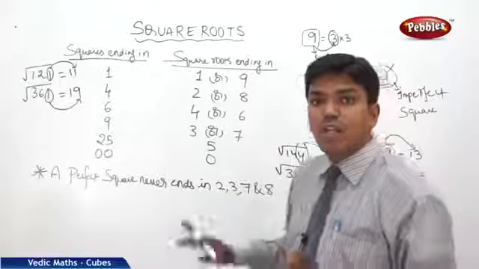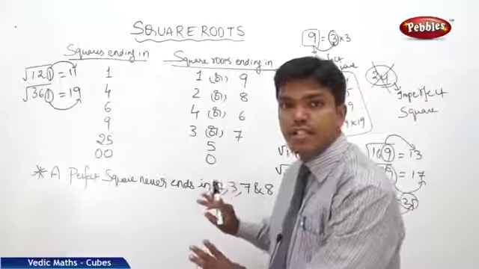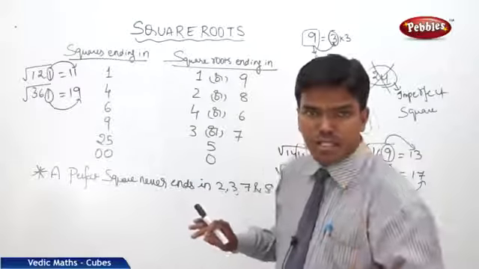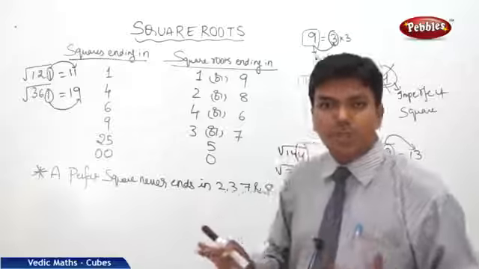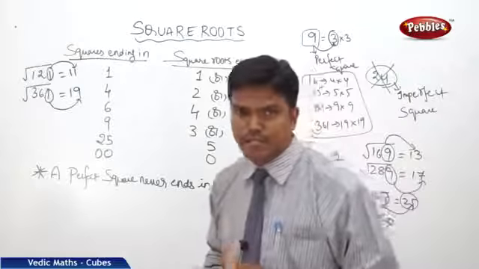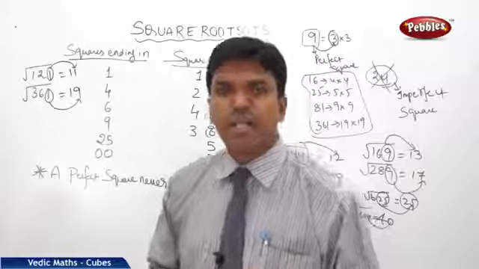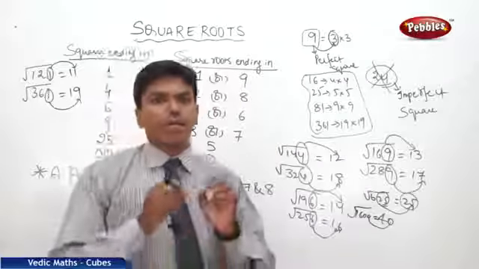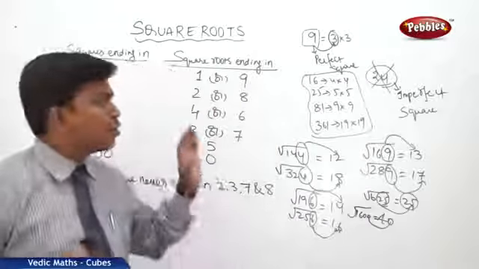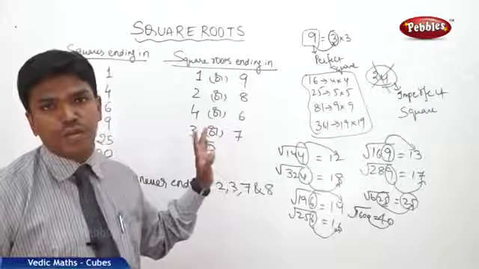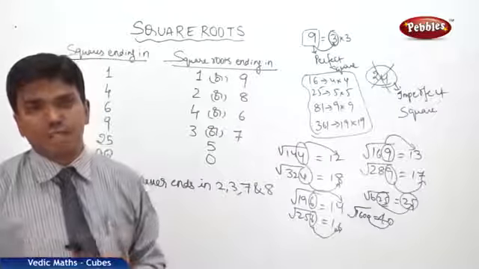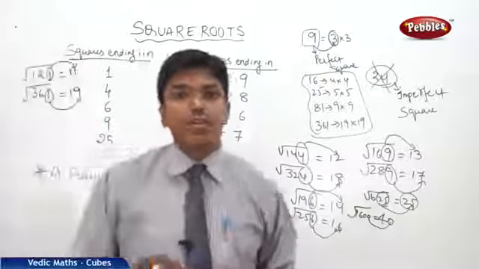And if any number is ending in these digits, then we can confidently say that it is not a perfect square; it is an imperfect square. Got it? So you should be very aware of this square root table. Now let us see some examples of how we can solve the square roots.